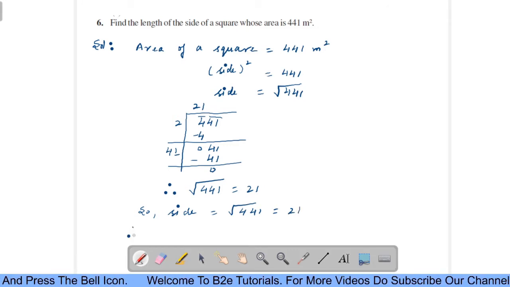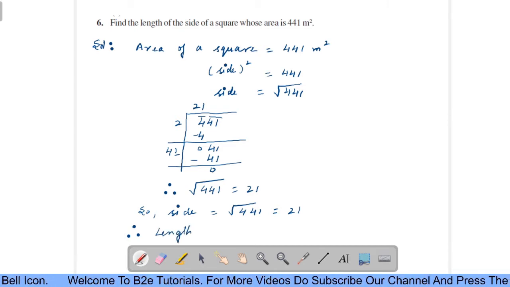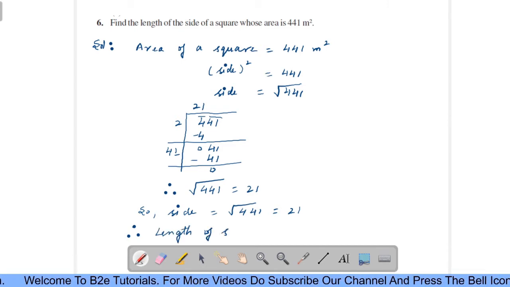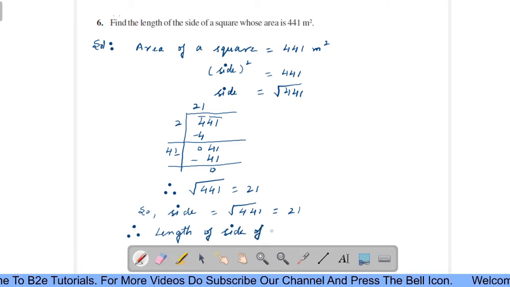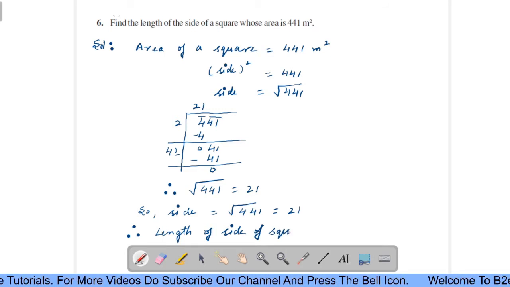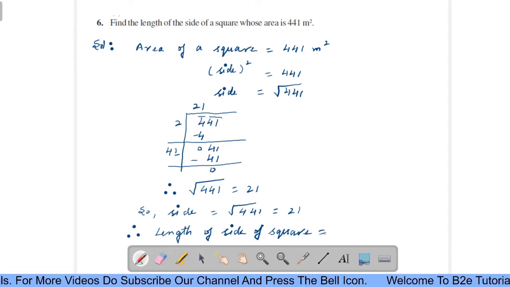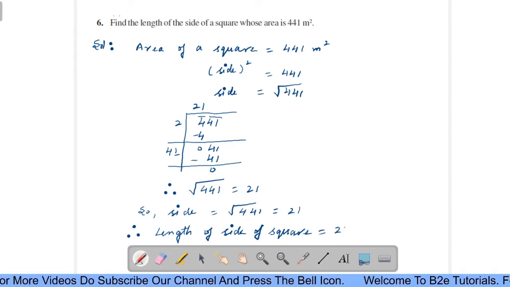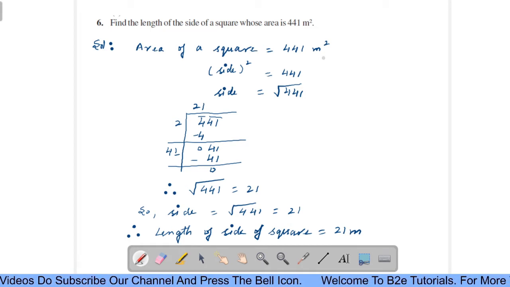Therefore the length of side of a square equals 21 meter. Now come to the next question.